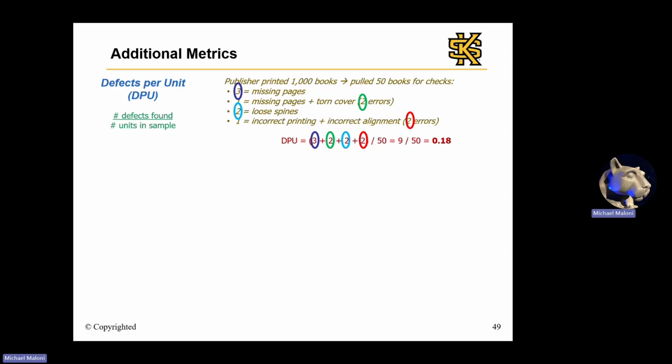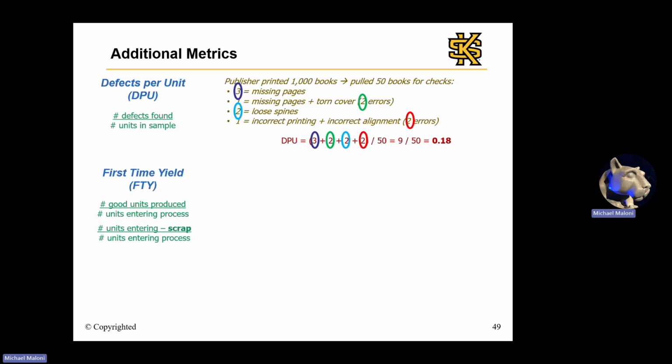The next metric is first time yield, FTY, which considers defects that are scrapped, meaning discarded. And the calculation is the number of good units produced divided by the number of units entering the process. And another way to say that is the number of units entering minus the scrap divided by the number of units entering the process.